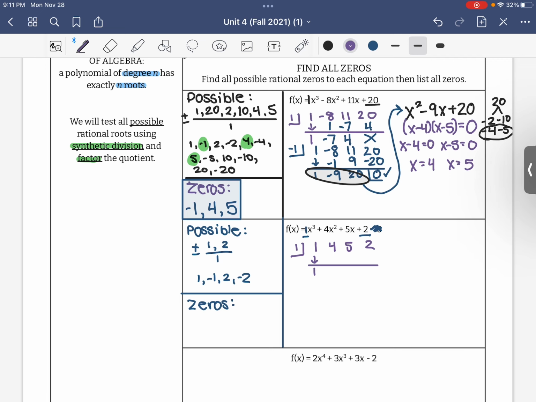Drop the first one down, multiply that by 1, I get 1. Add it to the 4, I get 5. Multiply that by the 1, get 5. Add that to the other 5, I get 10. And 10 times 1 is 10. Add that to the 2, I'm definitely not going to get 0. So I'm going to cross it out and move on to -1 instead.